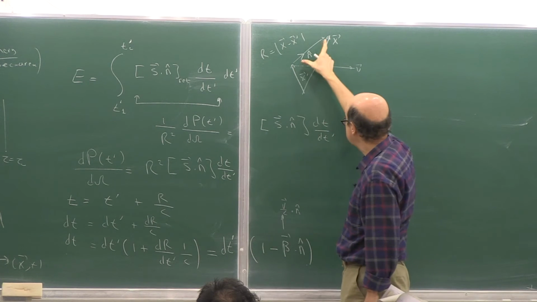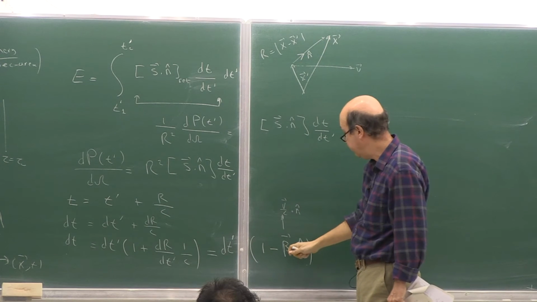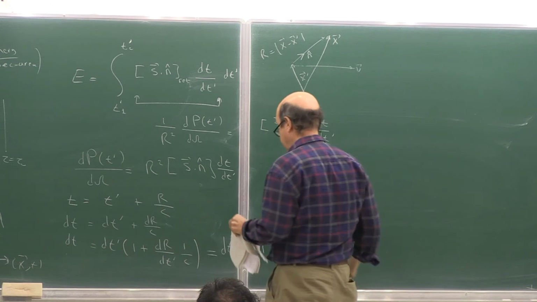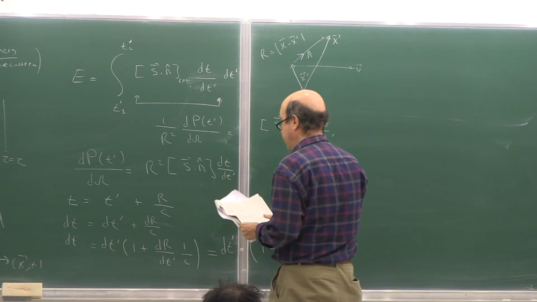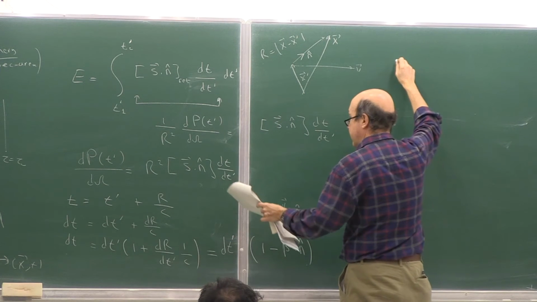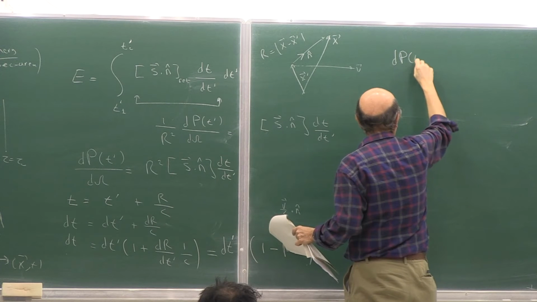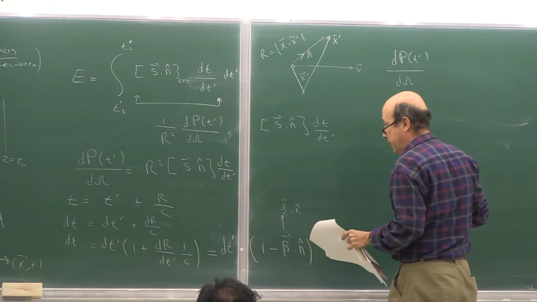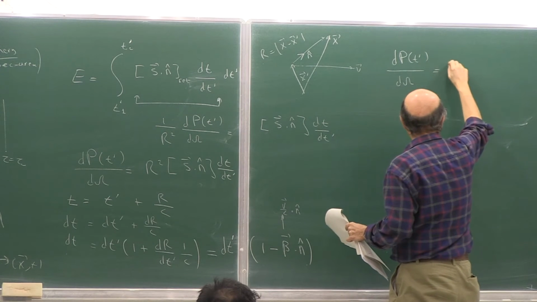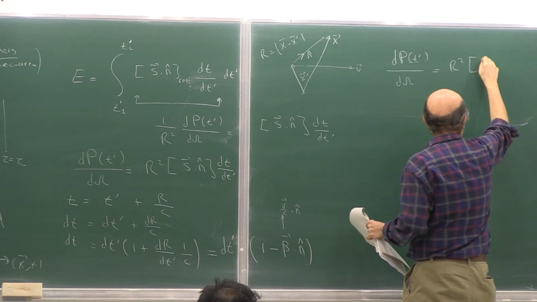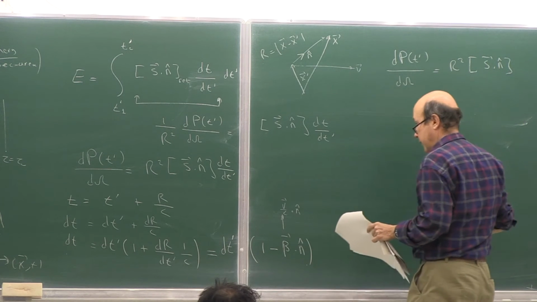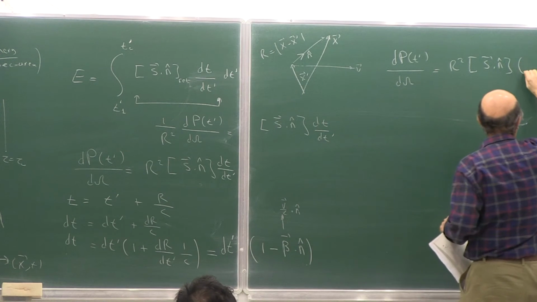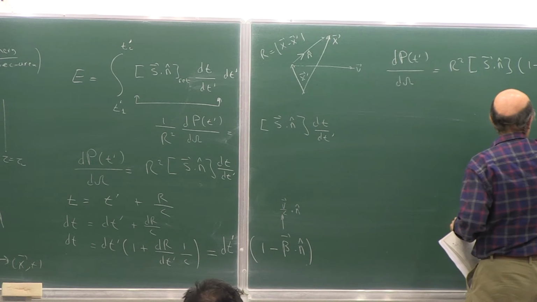That represents the change of the length of r. So what we are obtaining now is that the power emitted per solid angle in the frame of the charge will be r square S dot n times dt over dt prime, and dt over dt prime is nothing but 1 minus beta dot n.